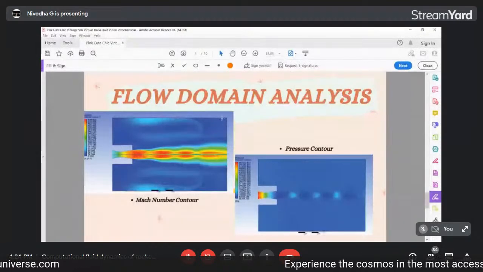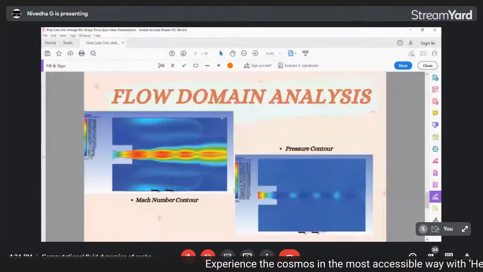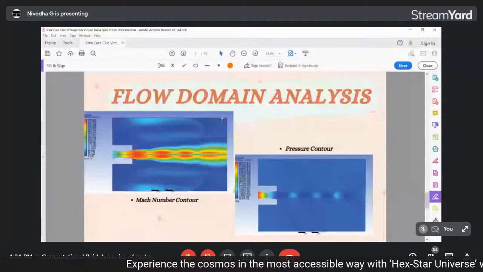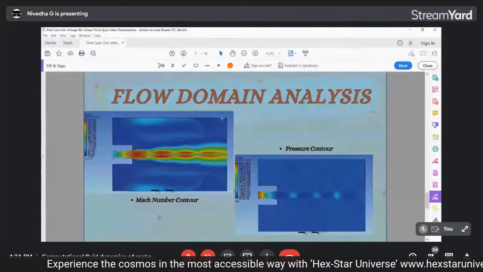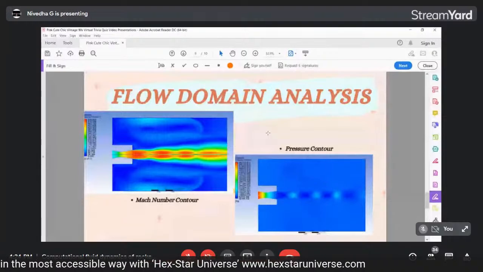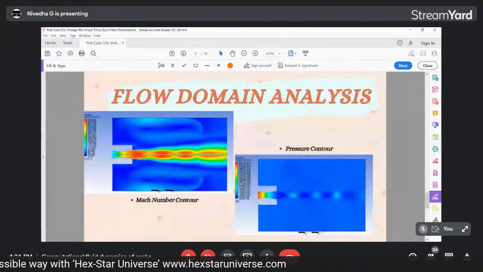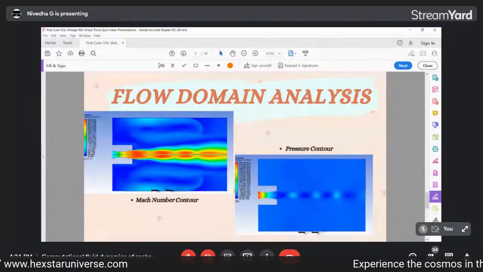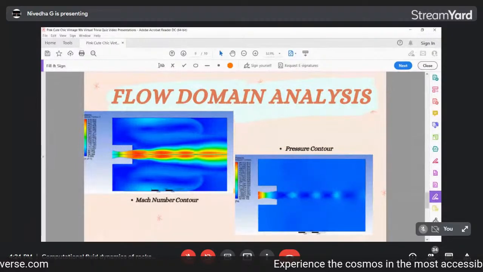Okay. So we have compared a lot of our analysis with the NASA results and stuff like that. So NASA and other industry made nozzles just to check the efficiency of our nozzle.